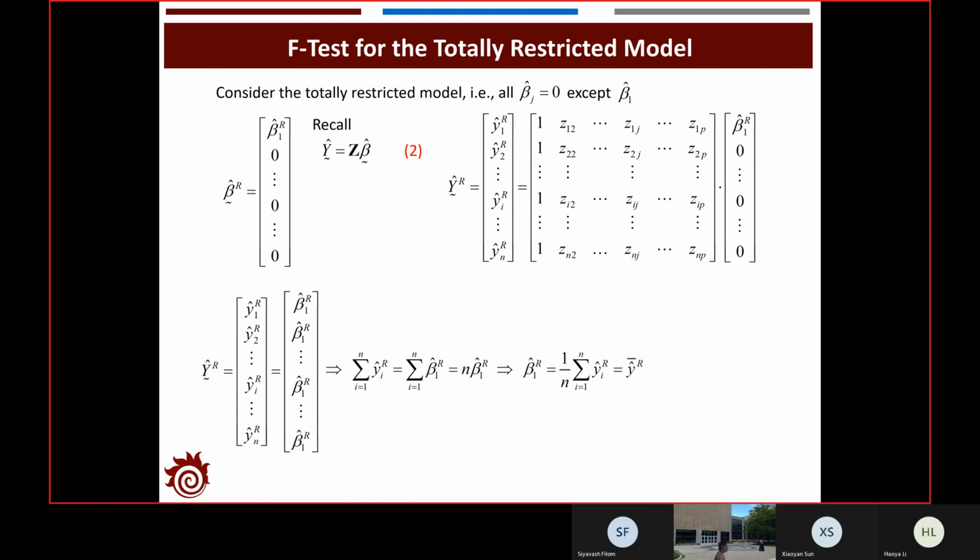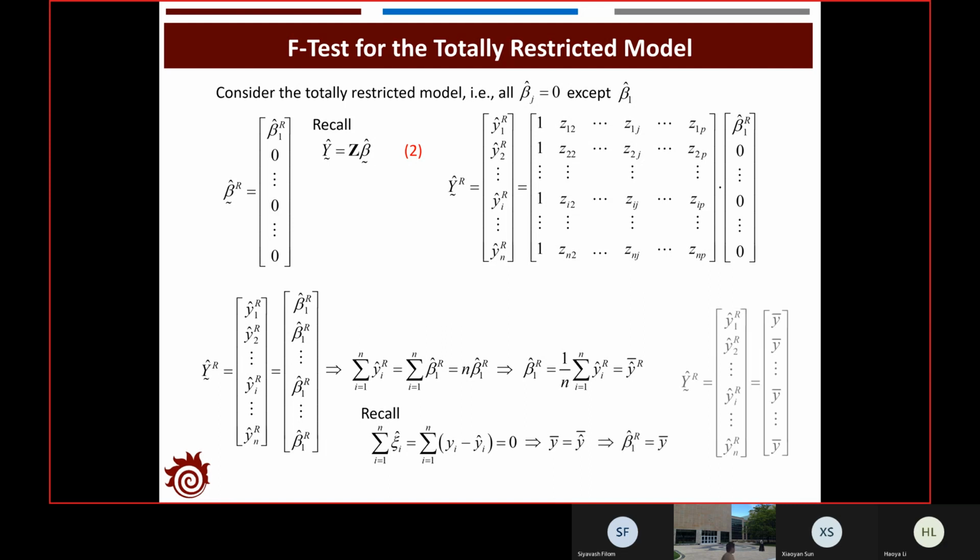If we do this analysis, you can find that for the totally restricted model, beta 1 hat will just be the mean value of y, so it's just the average of the observations. And then the summation of the residuals is also 0. I will just skip this part.